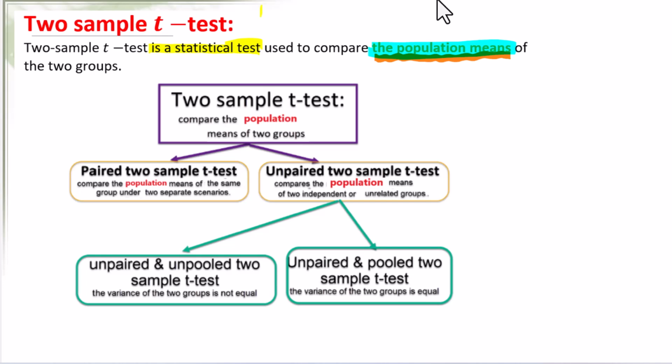There are two types of two-sample t-test: paired two-sample t-test and unpaired two-sample t-test.